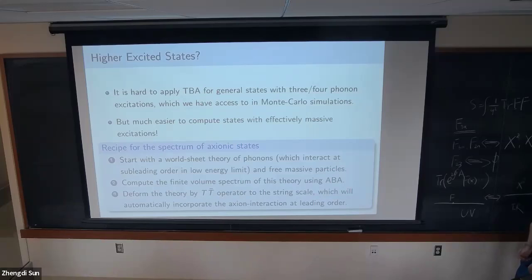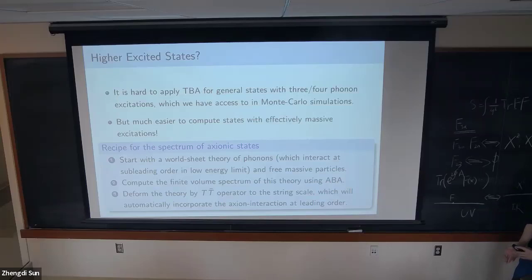the Nambu-Goto theory of flux tube is not elastic. So there are mixings given by this sextic term of phonons, which leads, for example, to particle production. And at this moment, there's no systematic way of diagonalizing the whole S matrix.